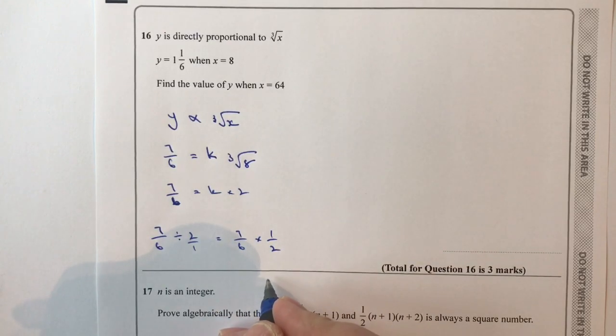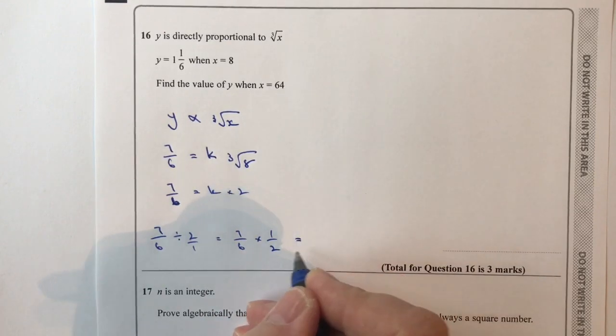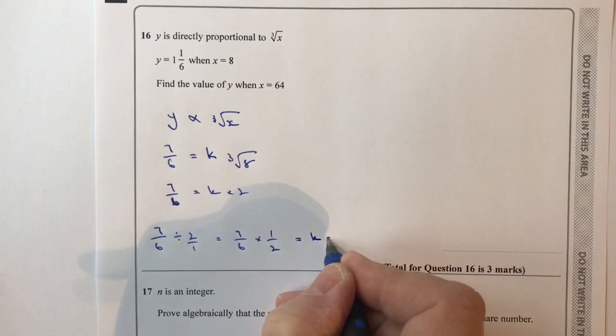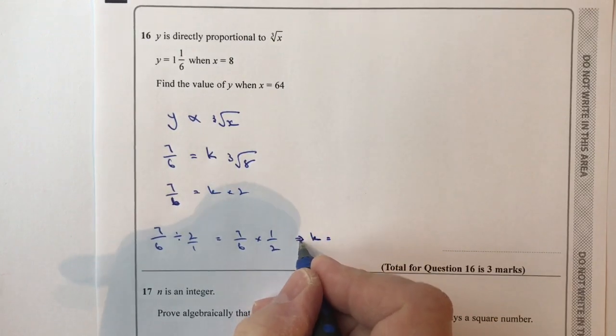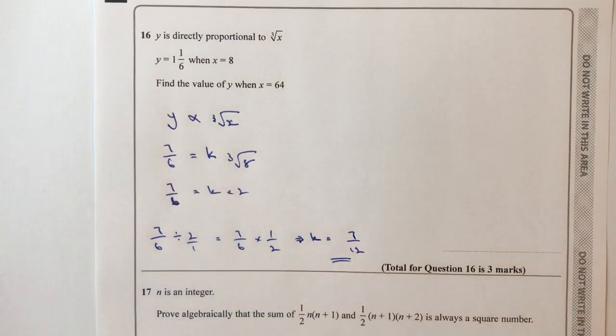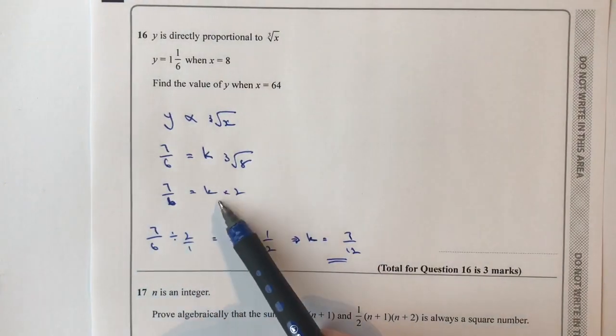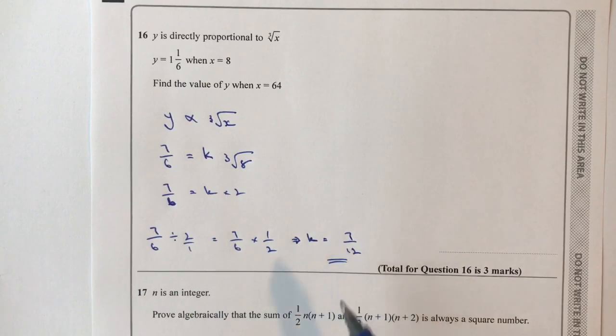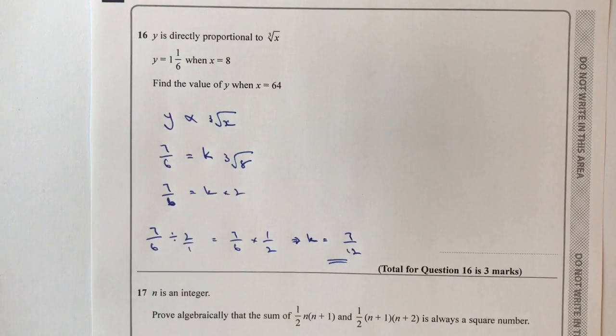Okay, so therefore it allows me to calculate that k must equal 7 over 12, and that's the important bit. So it's this value of k here that we need to work out in order to actually write the formula that we need to answer the question.